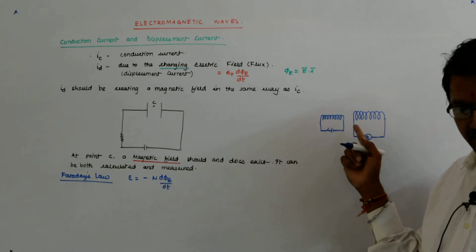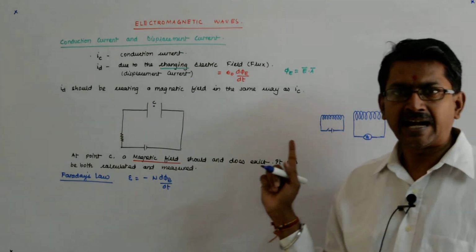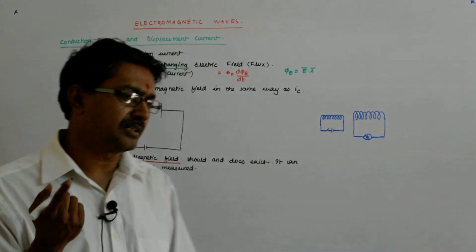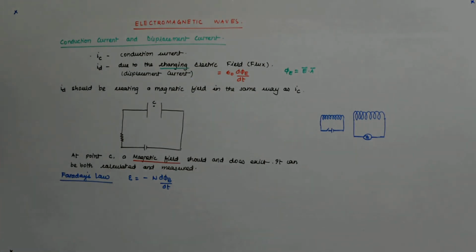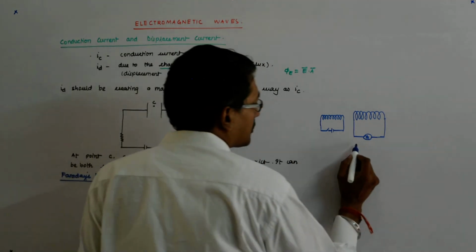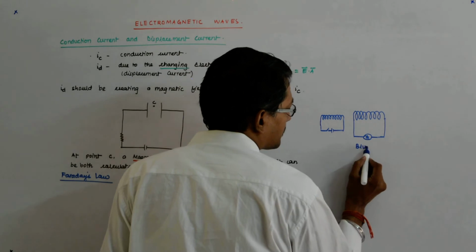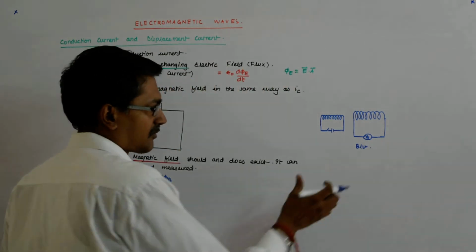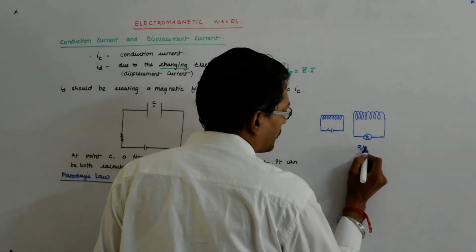When this was moving, we attributed the movement of the electron to what? To the force QVB.